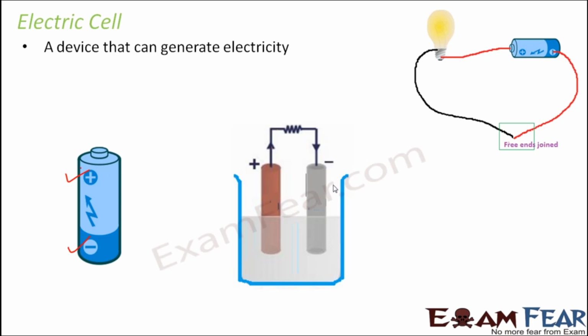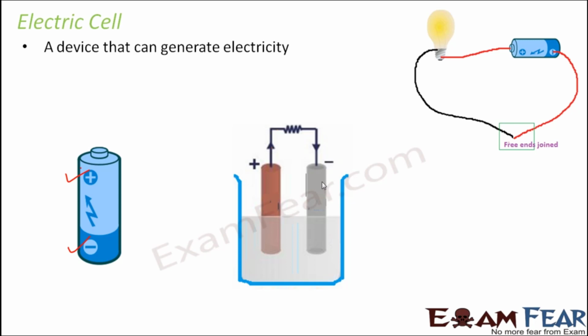Inside the cell there are two electrodes, a positive electrode and a negative electrode, as you can see here. There is an electrolyte, or a solution, which contains charged particles, and because of the reactions taking place at this electrolyte, the charged particles flow from one electrode to the other, and this flow of charges constitutes electric current. So that's how current gets generated within a cell.